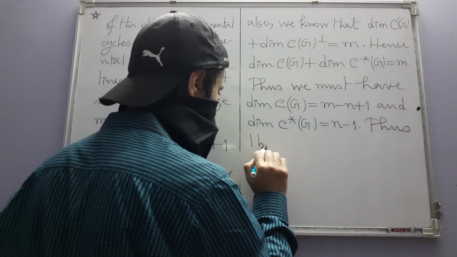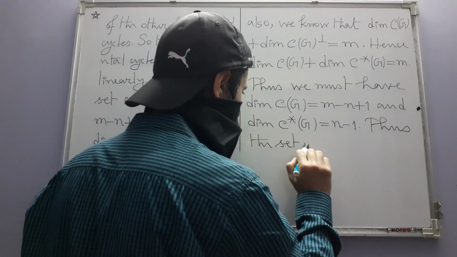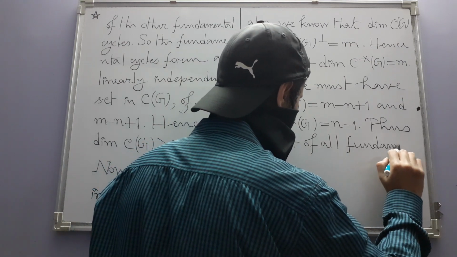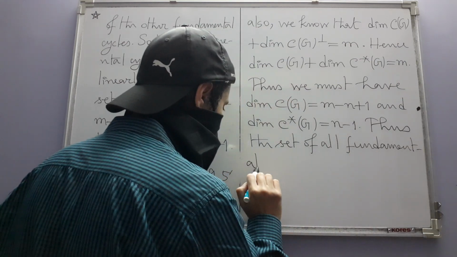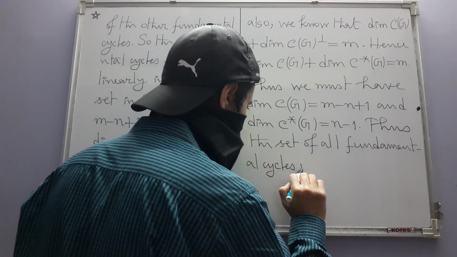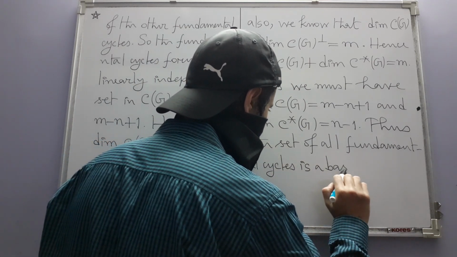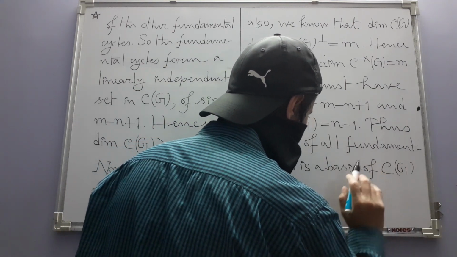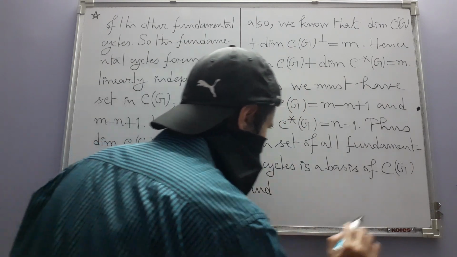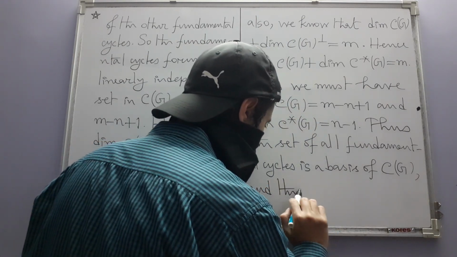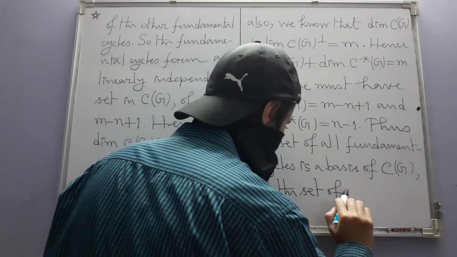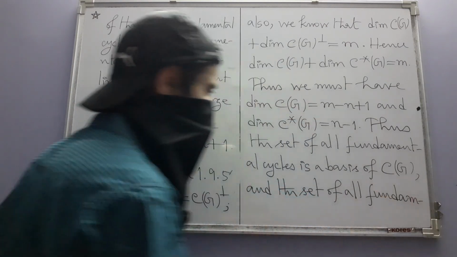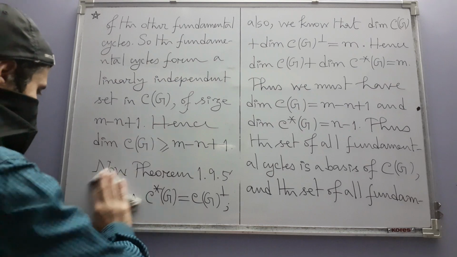Thus, the set of all fundamental cycles is a basis of the cycle space of G and the set of all fundamental cuts is the basis of the cut space of G.